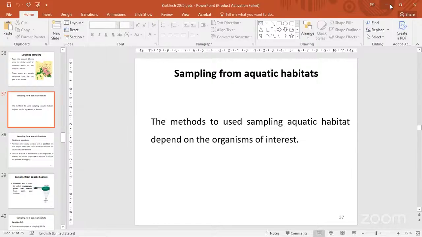The method to use depends on the type of organisms you are sampling. If, for instance, one is sampling small floating organisms, which are technically called plankton, what can we use?